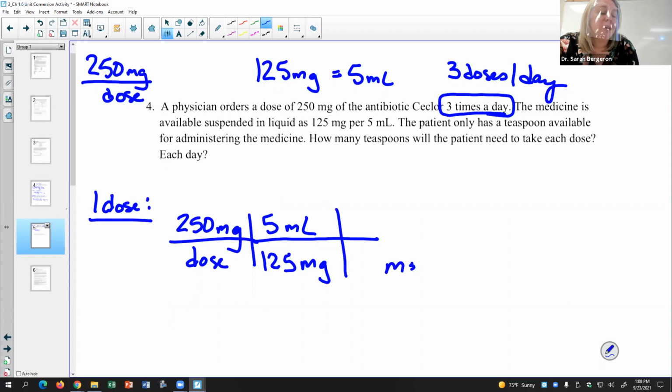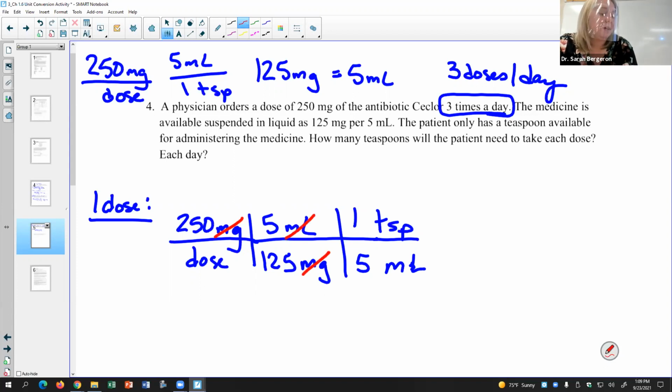If I want to get rid of milliliters, what am I going to use? I know there are 5 milliliters in 1 teaspoon from the last problem, right? So what goes in front of teaspoons? 1. What goes in front of milliliters? 5. Okay, so what are my units currently? Milligrams canceled, milliliters canceled. I'm left with teaspoons per dose.